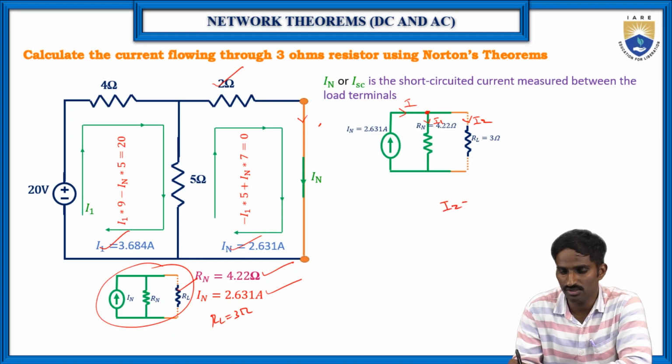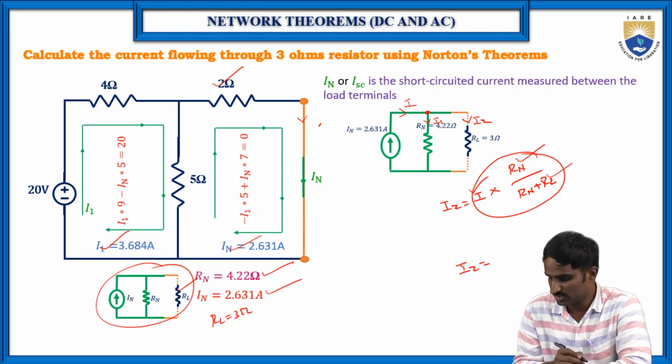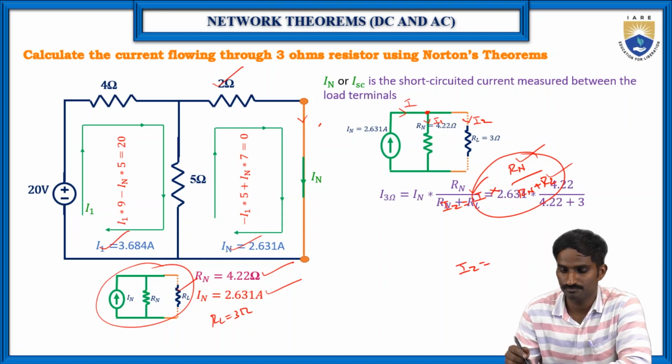So here I2 is equal to the total current I into the opposite resistor, which is Rn by Rn plus RL. Then substitute the values, because we know the value of I, we know the value of Rn, and we know the value of RL. Then substitute, and you will get the I2 value, which is the current flowing through the load resistance.